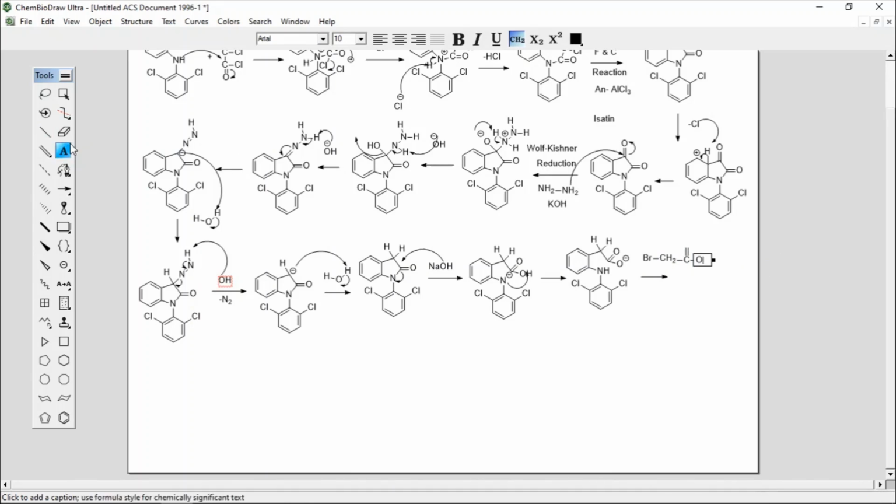So yeah, the bond will be there. C6 oxygen here. So in the next step, this is your benzyl bromoacetate. So it will react with this benzyl bromoacetate.